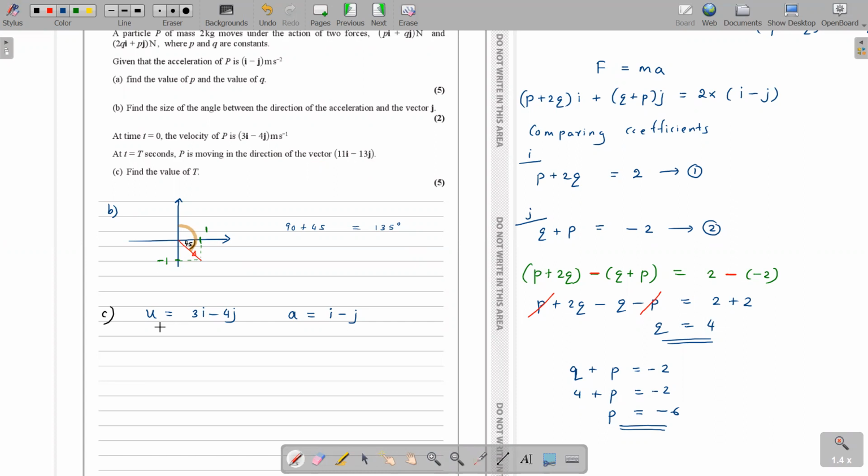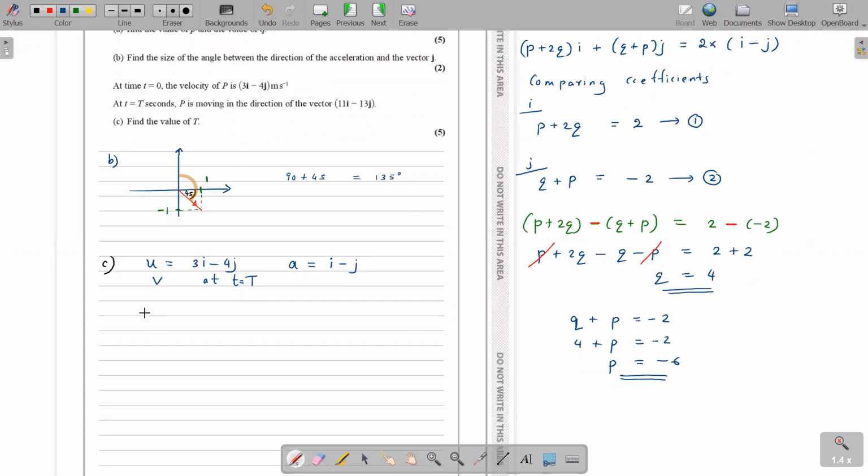Well, let's do it like this first. Let's find the final velocity in terms of capital T. We'll use the equation V equals U plus aT. First I'll find my velocity, then I'll think about T. Final velocity equals initial velocity 3i minus 4j, plus acceleration I minus j times time capital T. Do you agree with me?